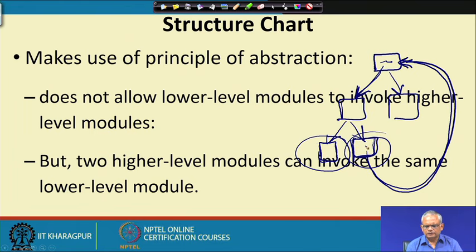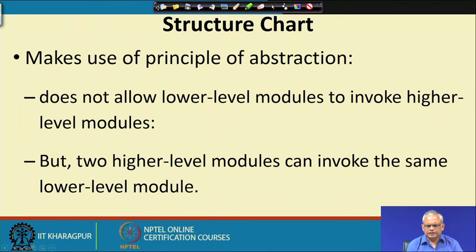If there is a failure, we are trying to find which module has the error, and we are looking at all modules round and round, and we will have difficulty in debugging, in understanding, and so on. Therefore, the layering of the modules is an instance of the principle of abstraction, and helps us to develop a design which is easily understandable, and we can easily debug.